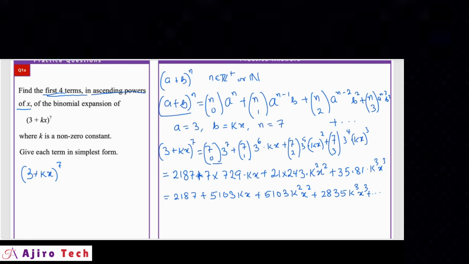So that's the first four terms in ascending powers of x.